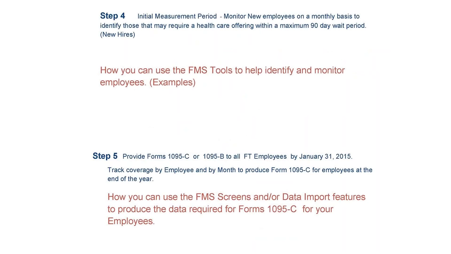Okay, so the first one we're going to talk about is the initial measurement period. Basically that's where you're measuring those employees, to see if they are at 30 hours, and if not, you need to do the measure.